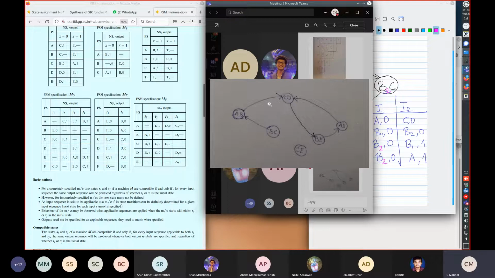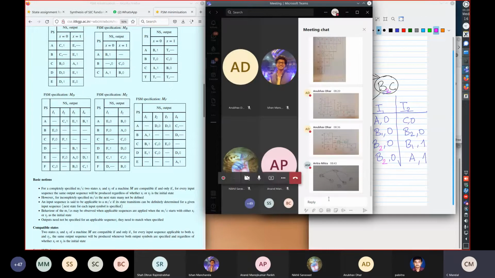Why don't you try to proceed with the merging of CD, BE, and AD with state splitting, splitting D between C and A. Well, has anyone made any progress there?